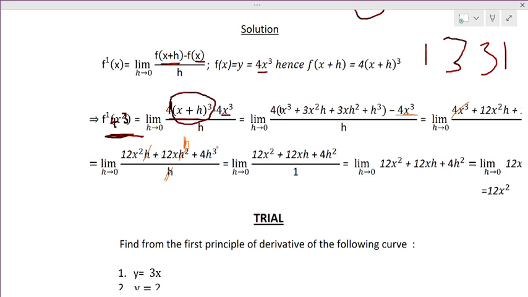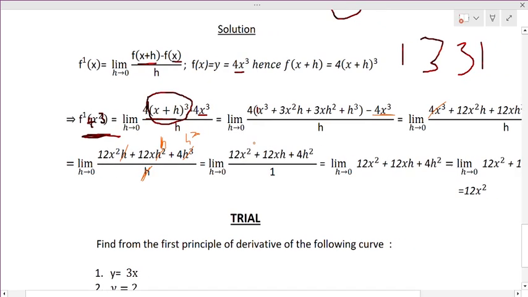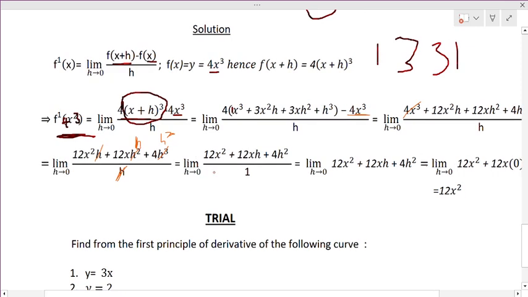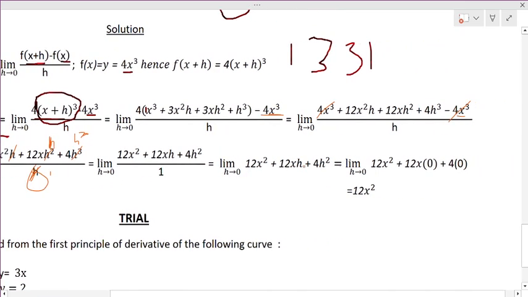Then I'll cancel one of these h with this one too, so it will be left with h squared. So it will be left with 12x squared plus 12xh plus 4h squared all over 1. Of course nothing will be left here, so it will be 1. We now have this.